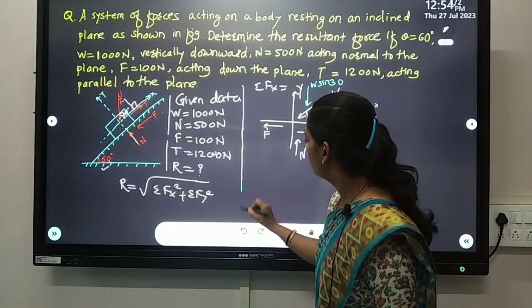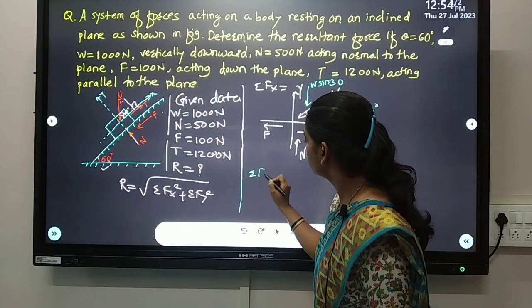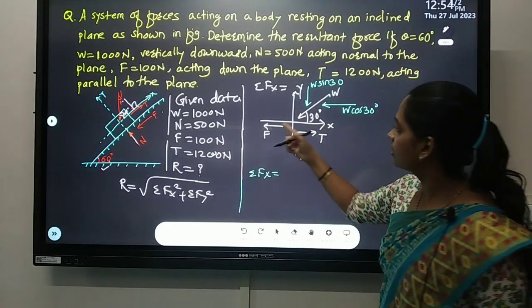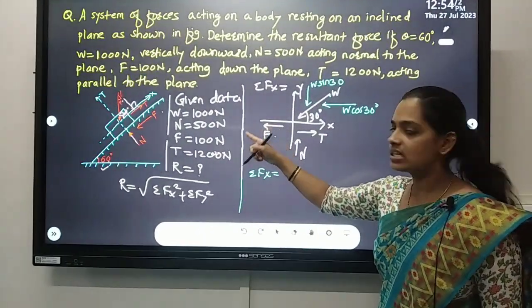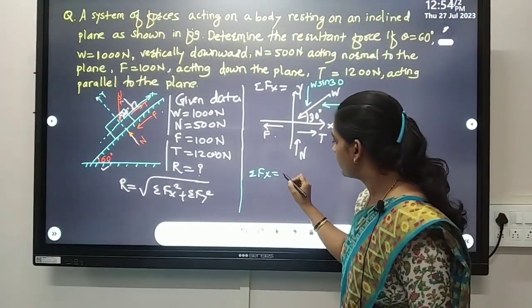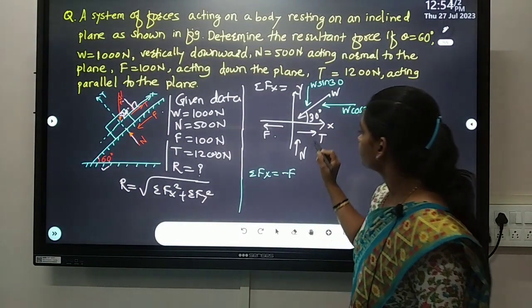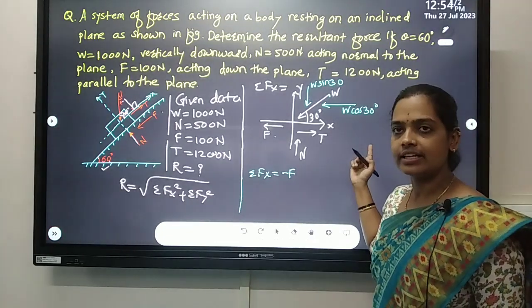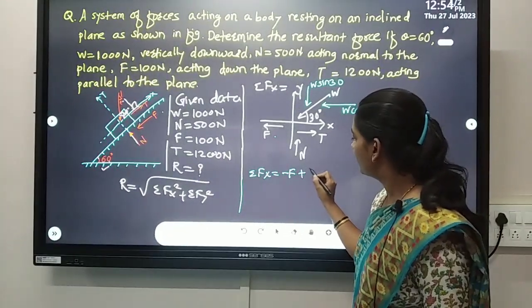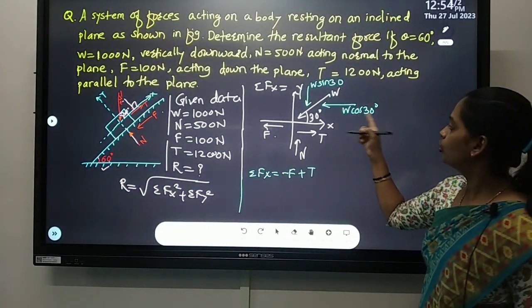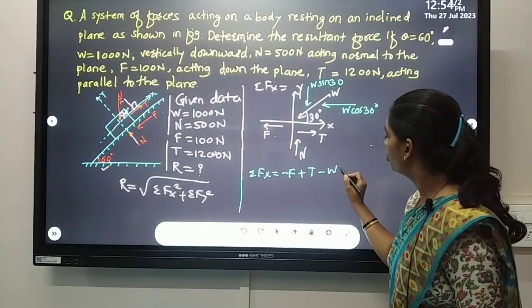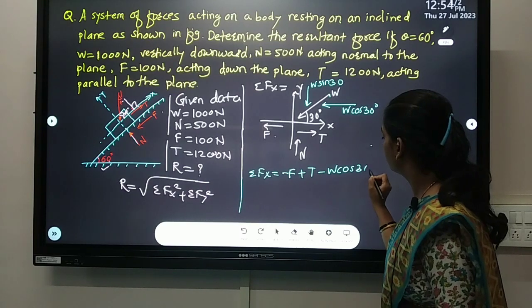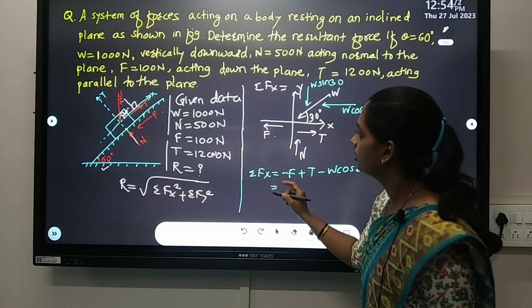Now calculate summation F of x. It is summation of all the components along x axis. Since frictional force is going towards left hand side, consider it as minus F. T is going towards right hand side, consider it as plus T. Then W cos of 30 going towards left hand side, minus W cos of 30 degree. Just put all the values.